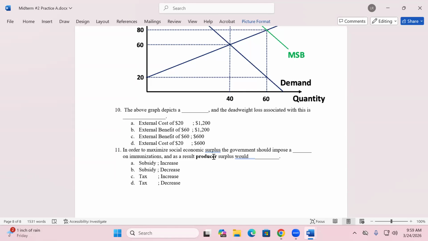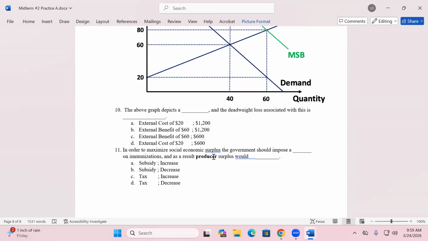Now, without the positive externality, what is producer surplus? So any type of surplus we're talking about, total surplus is the difference between the marginal benefits and the marginal costs. Consumer surplus, the difference between the marginal benefits and the marginal costs. Producer, same thing, with a slight difference.